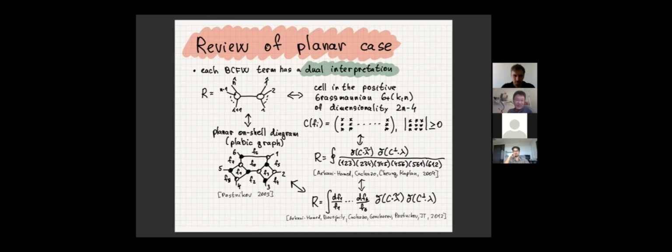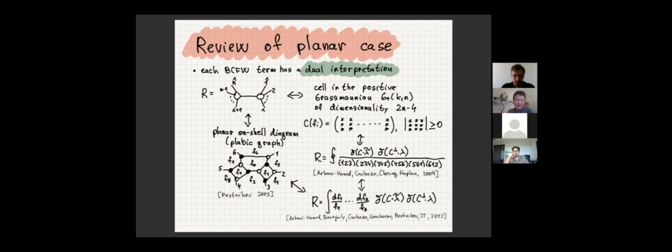We can equivalently associate an on-shell diagram, or planar graph, with the BCFW term. And we can directly label the variables in this diagram, for example phase variables or edge variables.